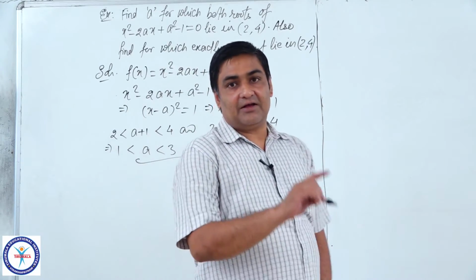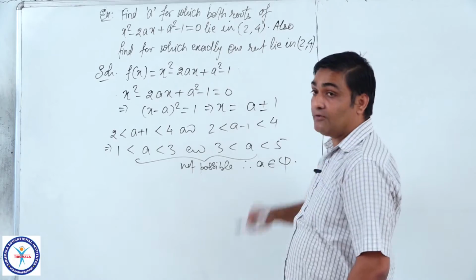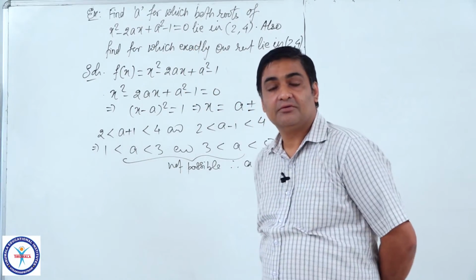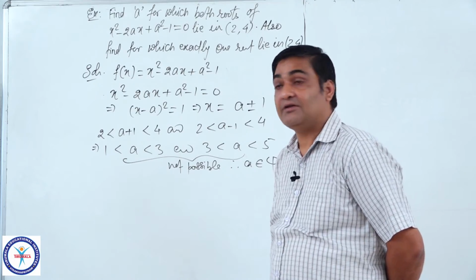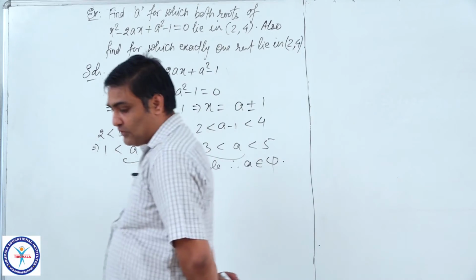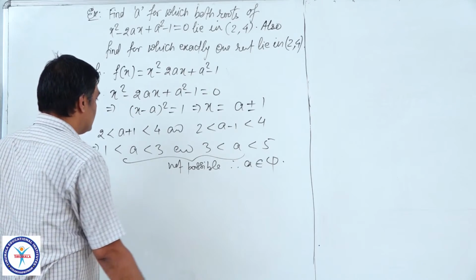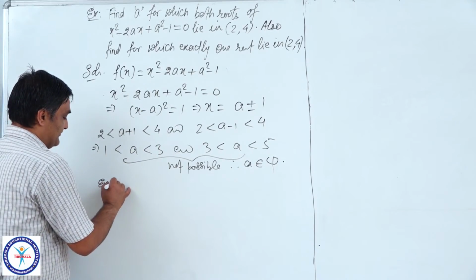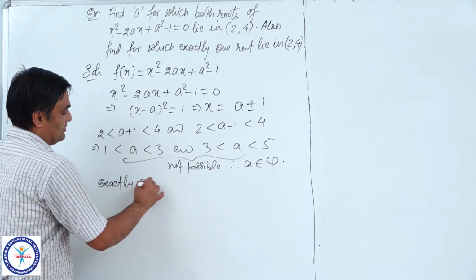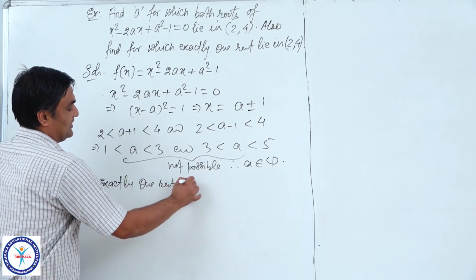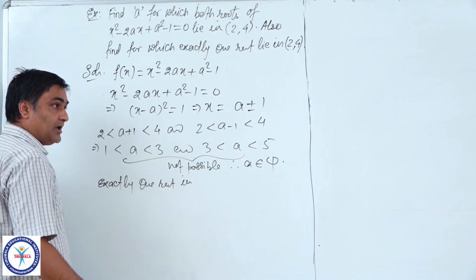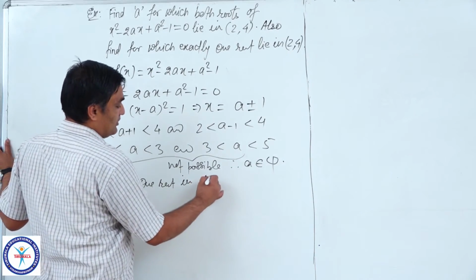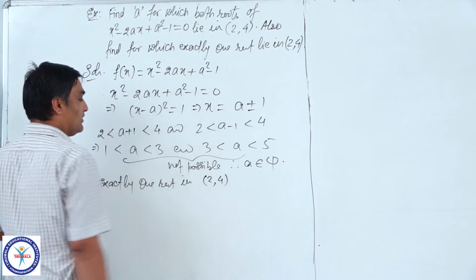Means there is no real value of a for which both roots will lie in the interval 2 comma 4. Now come to the second part. Exactly one root in the interval 2 comma 4.